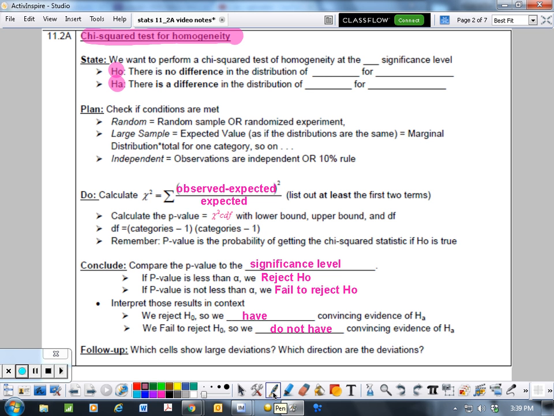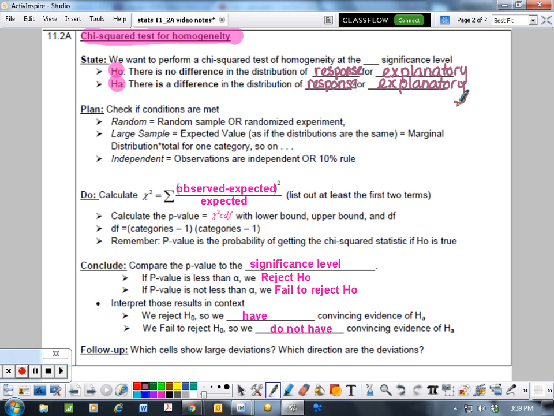Usually the distribution of our response variable goes first, for our explanatory variable. So we're looking at how the response differs for each explanatory category.